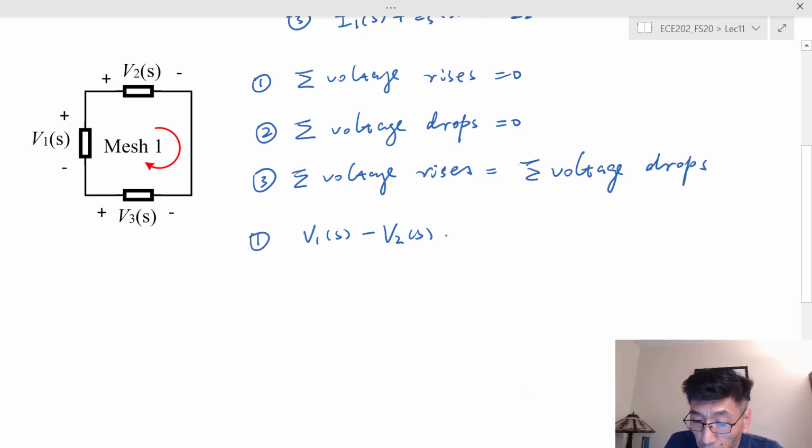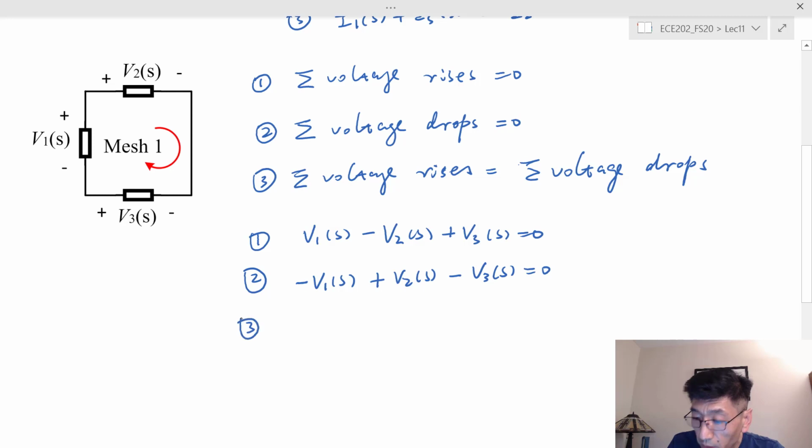And for V3, from minus to plus, that's a voltage rise, right? So we have V sub 3 equal to 0. For the second one here, we are counting the voltage drops. So for V sub 1, we need to put a negative sign there, plus V sub 2, and this is already a voltage drop. And for V sub 3, that's a voltage rise, so we put a negative sign there.